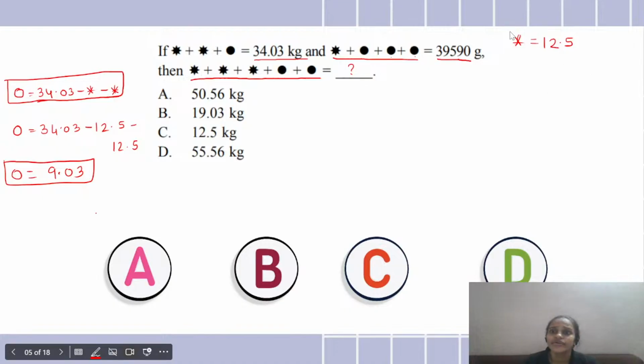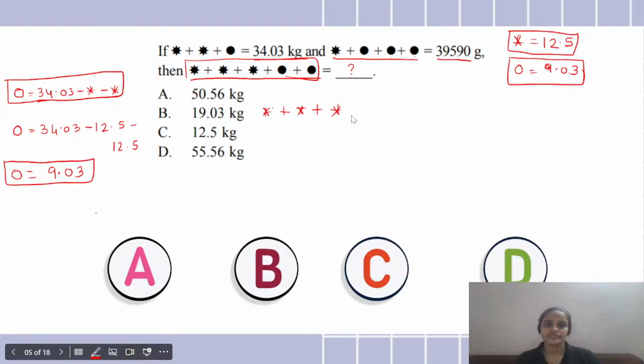Now I have the value of star. I have the value of circle, 9.03. Now it is very easy to find out this. So star, which is 3 times, so I am going to write star plus star plus star plus circle equals to how much?